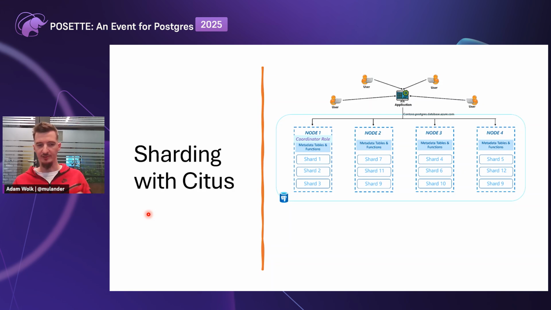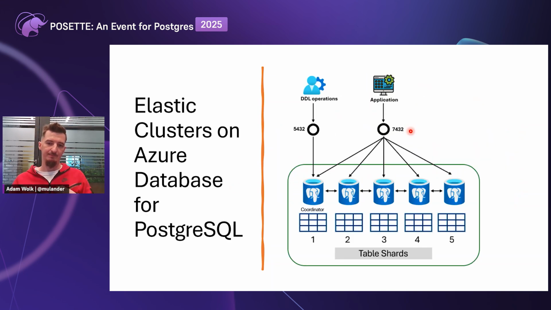Let's call them shards. The magic in Citus is that it allows you to move shards to a different machine, and all machines in the cluster know where every shard is. So if you ask any machine about any data, it knows where to go to get that data back to you. So because I'm lazy and I have it handy, I'm going to use Elastic Clusters, which is essentially Citus available on Azure Database for PostgreSQL Flexible Server.